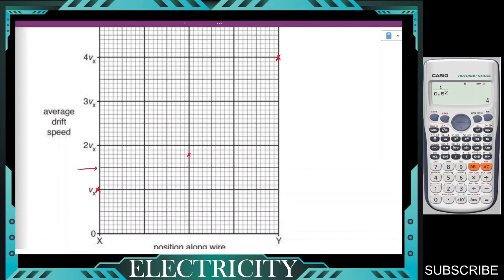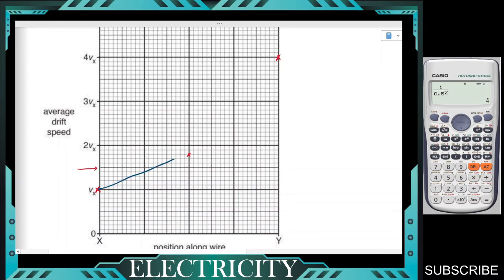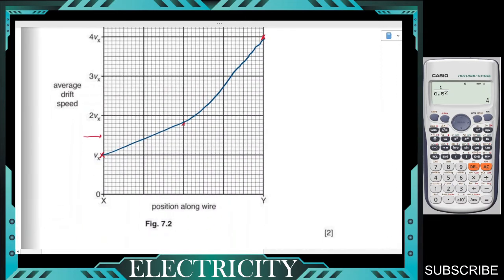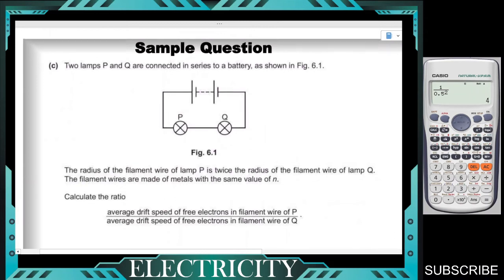Then you join them with a freehand curve, which is slightly difficult for me, but on a sheet of paper it should not be difficult for you. So something like this. Make sure you're connecting the points smoothly. That's it. So let's move on to the next one.